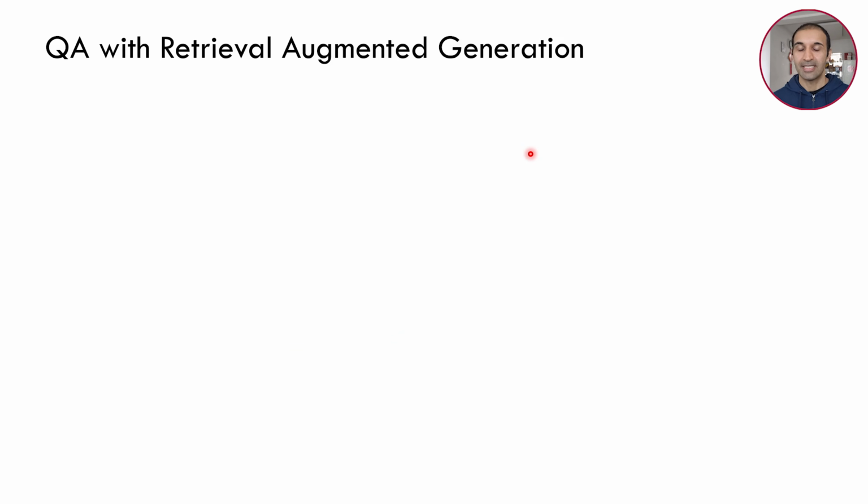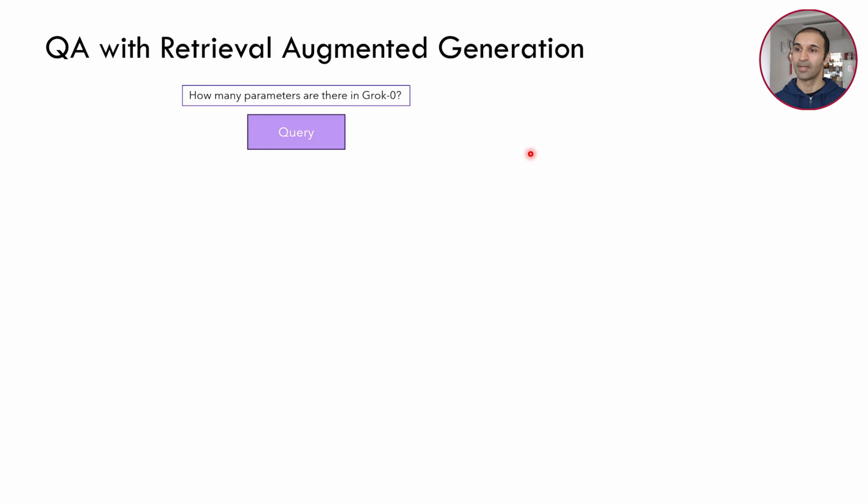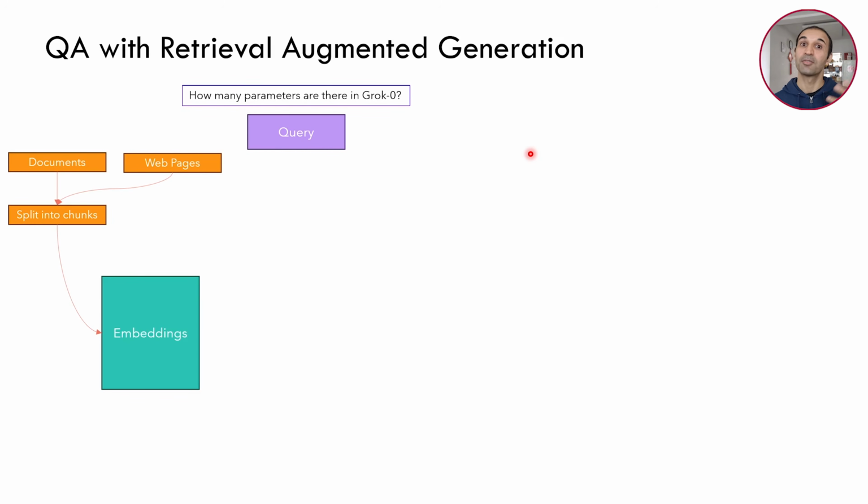Okay, now that we have seen also how the vector database works, let's review again the pipeline of retrieval augmented generation by summing up what we have seen. So again, we have our query. We have some documents from which we want to retrieve the knowledge. We split them into pieces of text. We create embeddings using sentence BERT, for example. We store all these vectors in a vector database.